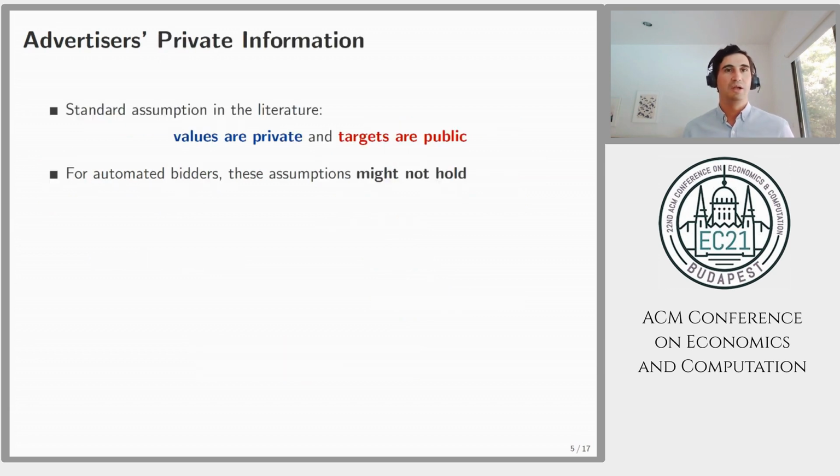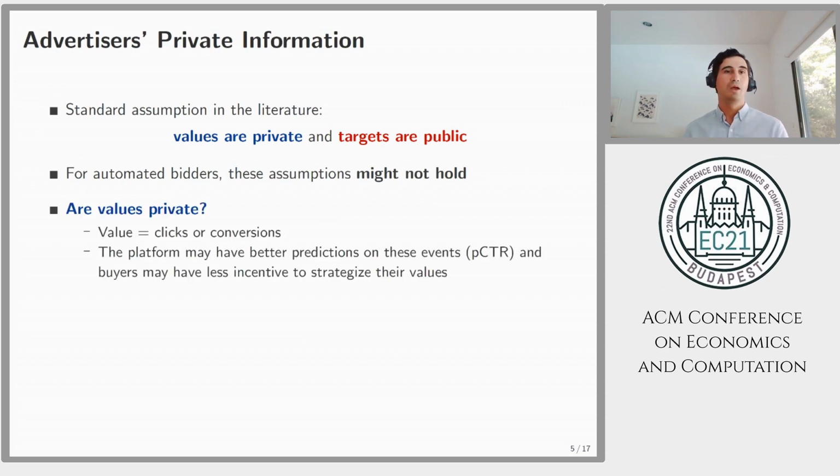Now, another common assumption in the literature, in terms of prior information, is that values of the advertisers are private and their targets are public. Now, for automated bidders, these assumptions might not hold. Why? Are values really private? If you think of values, these are driven by clicks or conversions. And the platform has very sophisticated machine learning models that it uses to estimate these clicks and values.